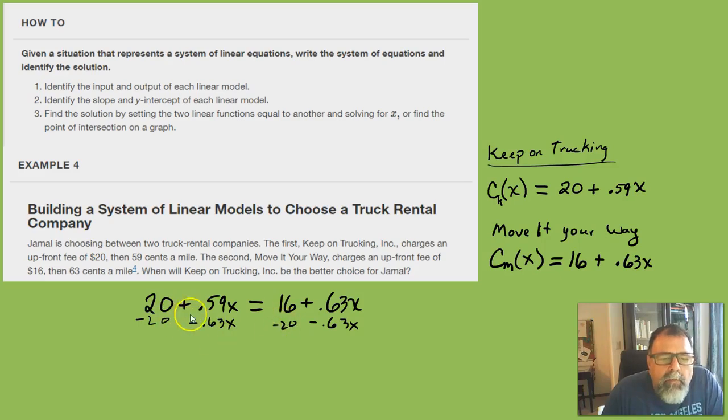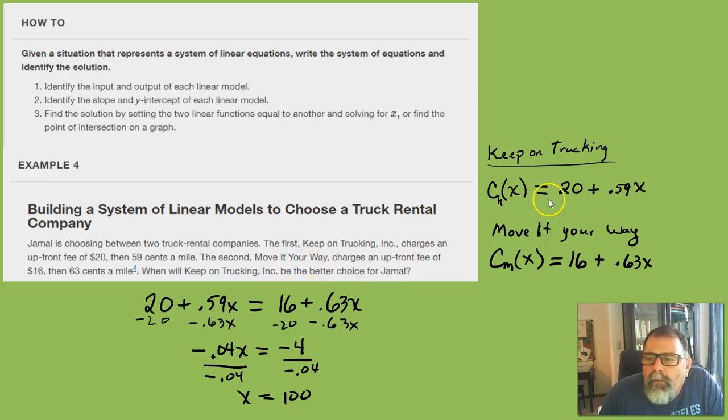Probably should have done it the other way. Okay, 0.59 minus 0.63 would be negative 0.04x. 16 minus 20 would be negative 4. Then I'm going to divide by negative 0.04. So x equals 100.